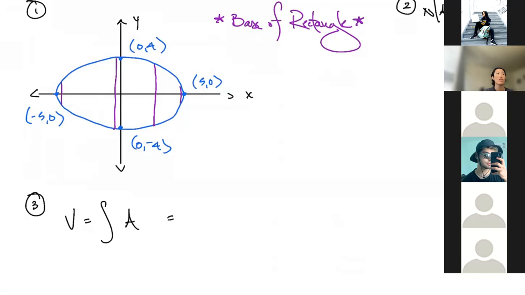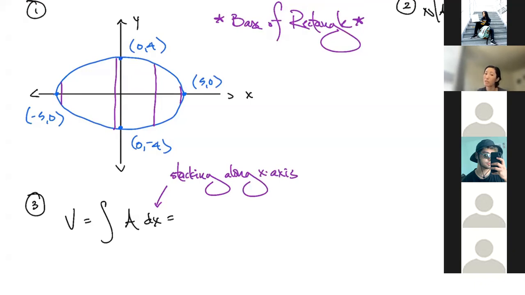Yeah, because they're going along the x-axis, right? So if we put a dx here, and then we write a note to ourselves that we are stacking along the x-axis, that's how we know that we should have a dx at the end.